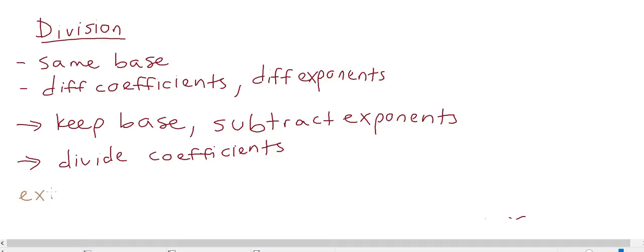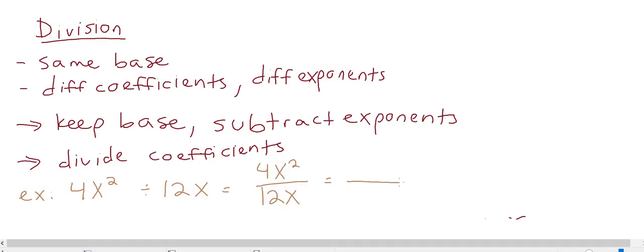Let's say we have 4x squared divided by 12x. The easiest way to think about this is by writing it as a fraction. 4x squared over 12x. Since they have the same base, they both have a base of x, we're going to keep the base and subtract the exponents.